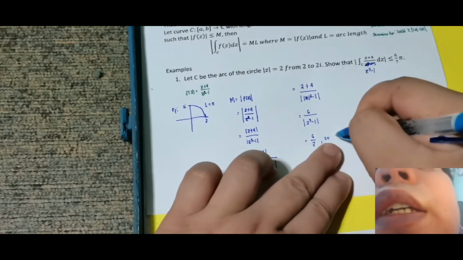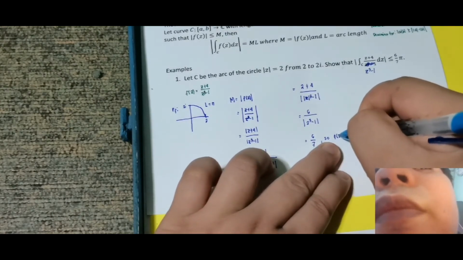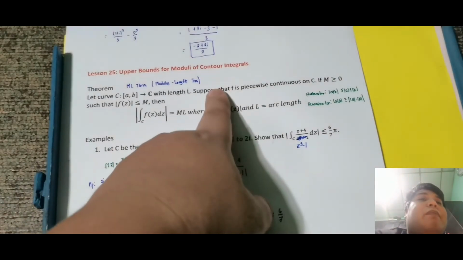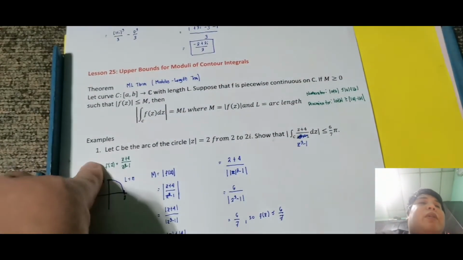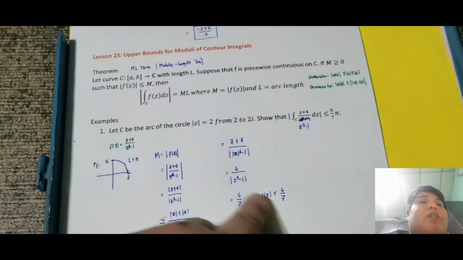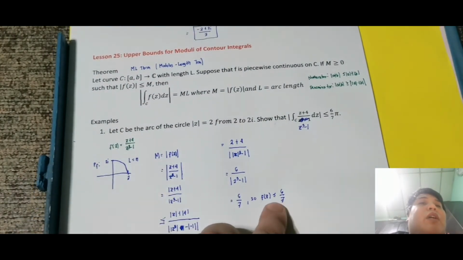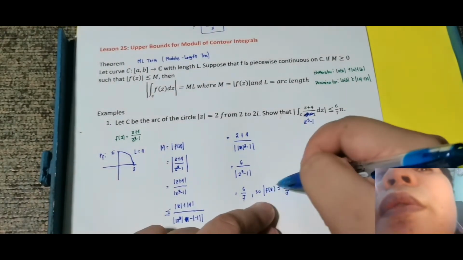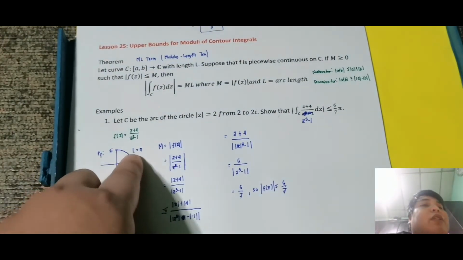So lagay ko lang, yung f of z natin is less than or equal sa 6 over 7. Ngayon, sabi ni Modulus theorem, kung meron kang f na piecewise continuous, so alam naman natin piecewise continuous yan, then yung M natin is greater than or equal to 0, which is ito, where f of z is less than or equal dyan. Okay, then we have arc length, which is pi.